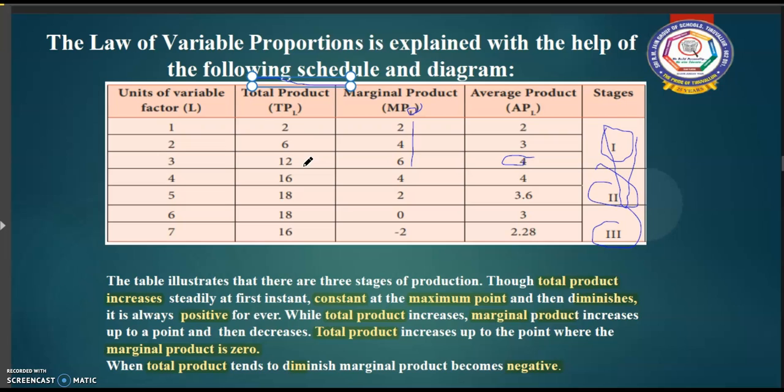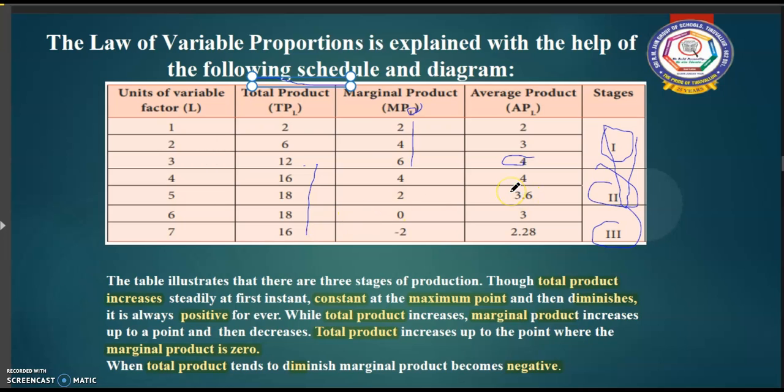Here you can see total product is increasing. So the tendency of total product to increase at an increasing rate stops at the point A and it begins to increase at a decreasing rate. This point is known as inflection. The point of inflection, it is called.